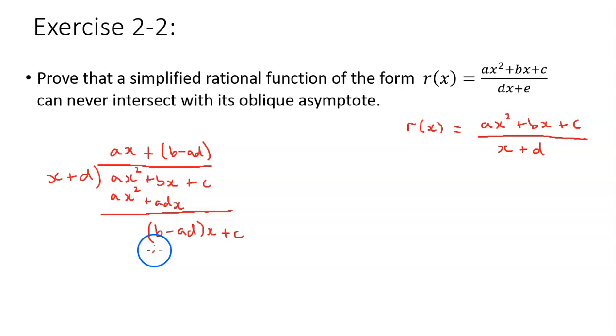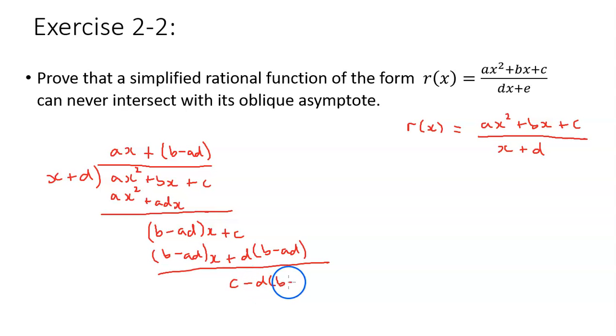And then, just to finish it off, d times b minus ad, and so the remainder term is going to be c minus d times b minus ad. But that's not really important.